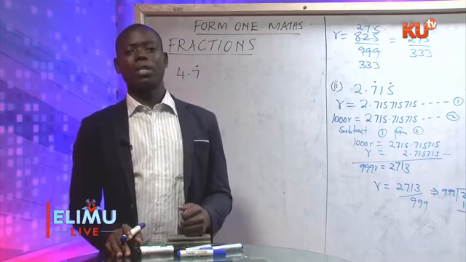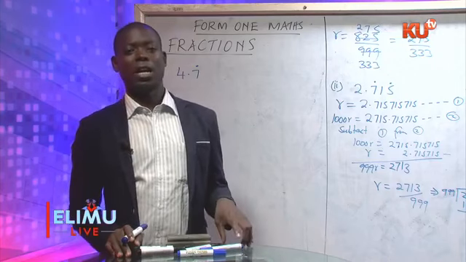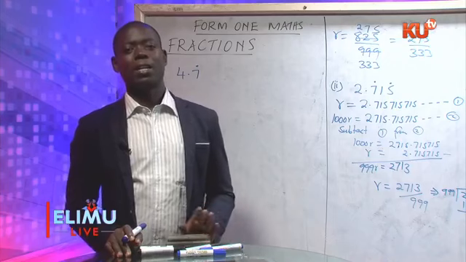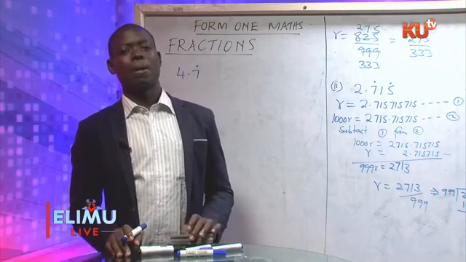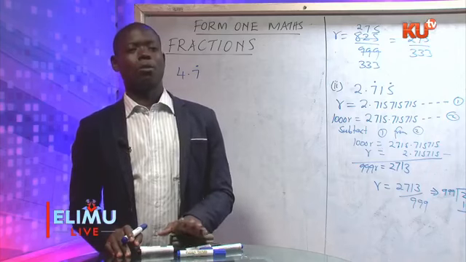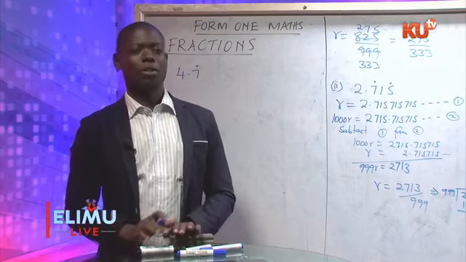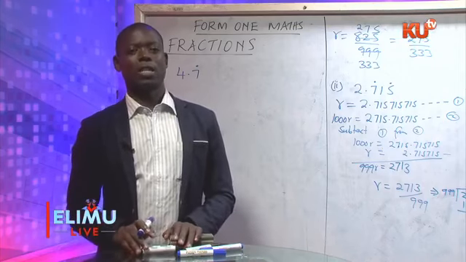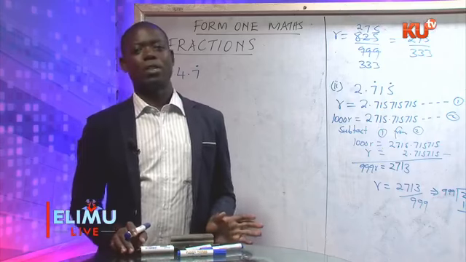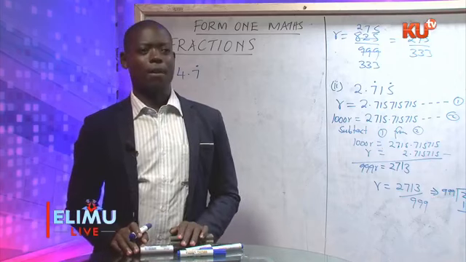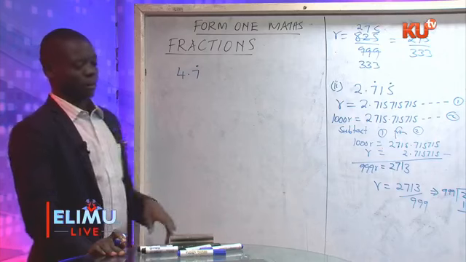Then the second equation is obtained by looking at how many decimal places are given in the original recurring decimal. If it is 1, then you multiply by 10. If it is 2, you multiply by 100. And if there are 3, you multiply by 1,000. Then you do the subtraction of those 2 equations to get your decimal and the whole number, which then you divide to get what we call a fraction. So those are the things that we were to look at in recurring decimals.